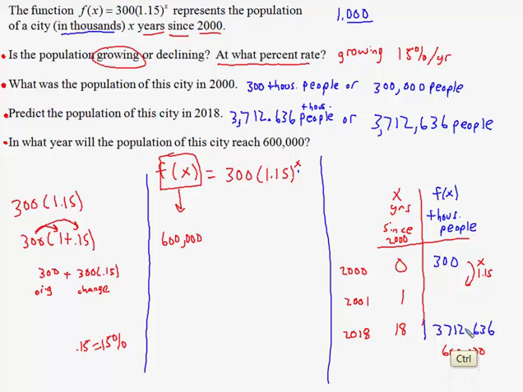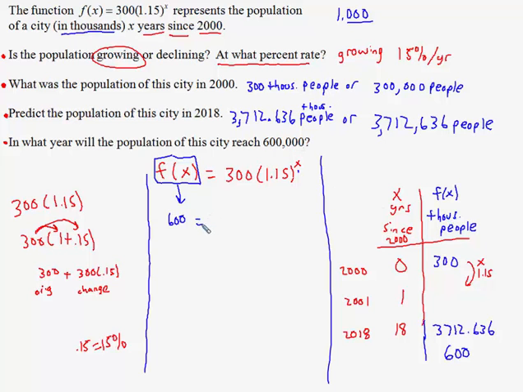Not what the question asked. So what I'm going to do is not make that mistake, and I'm just simply going to put an output of 600 there. If you put 600 in for f of x, because the output is already in thousands of people, 600 does represent 600,000.